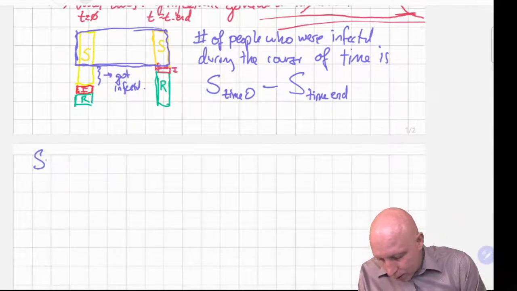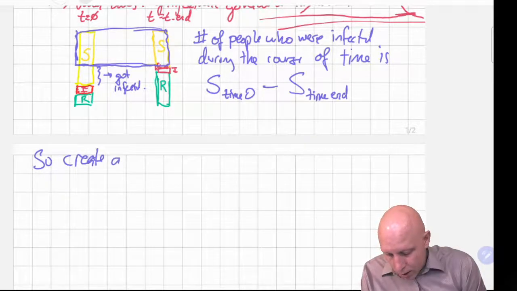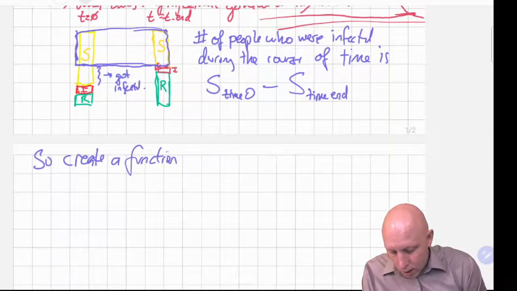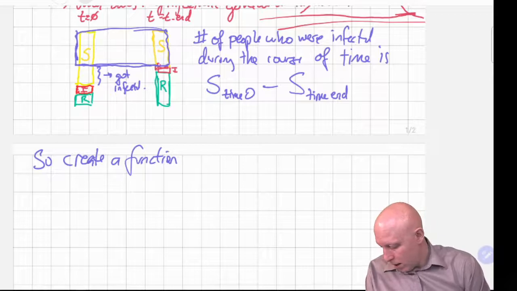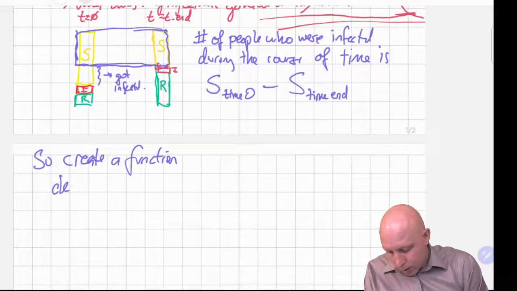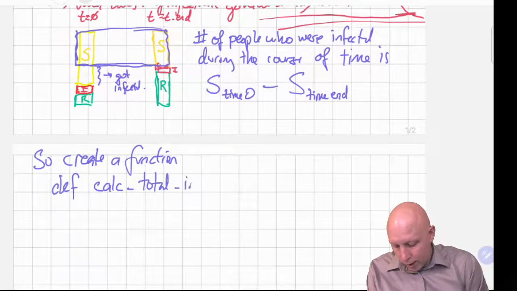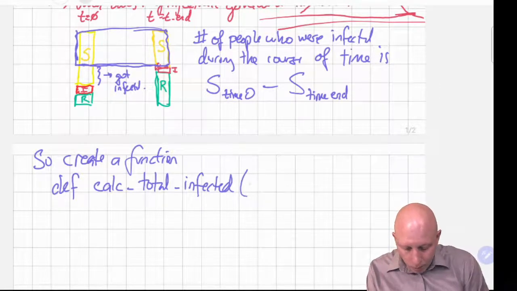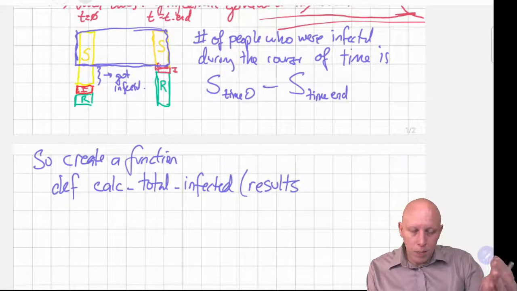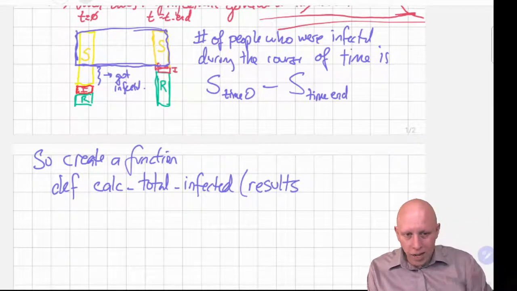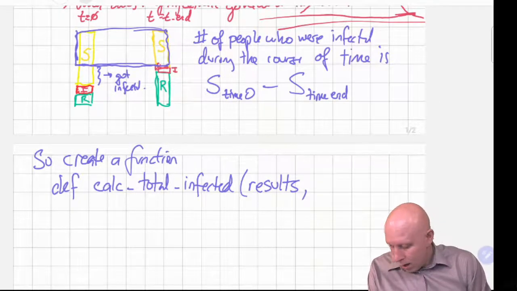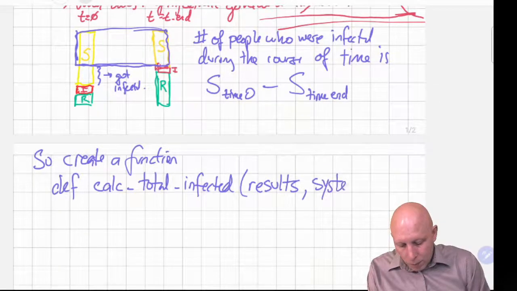So create a function that does this. We're going to define a function called calculate total infected. And from there we need our data that was collected, or that was simulated, and we need our system object.